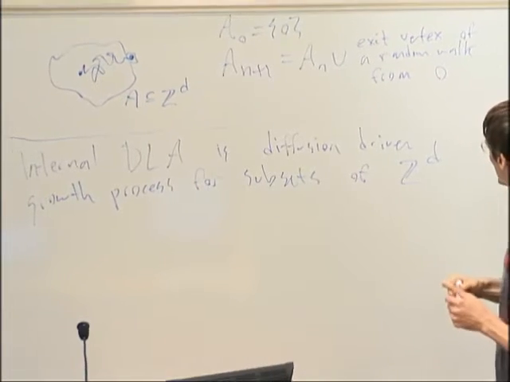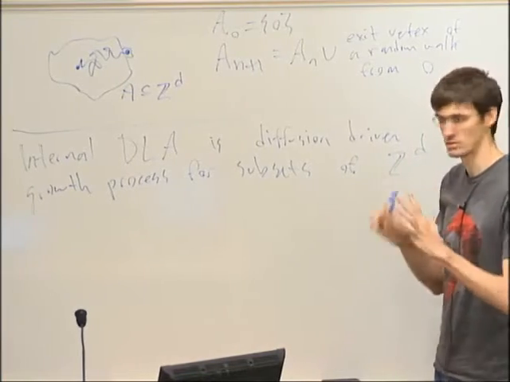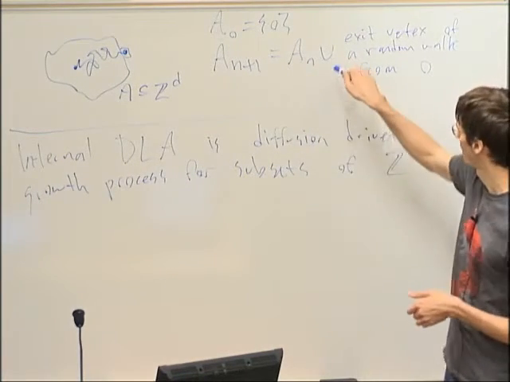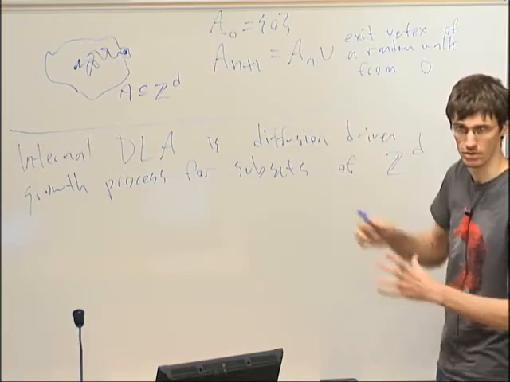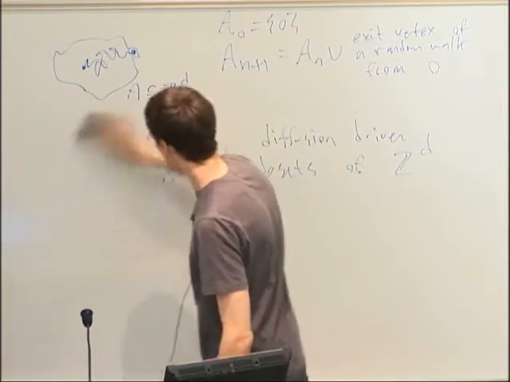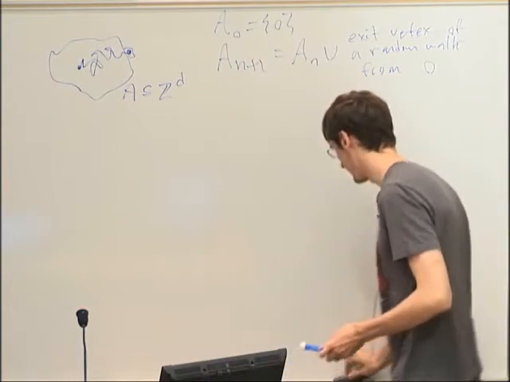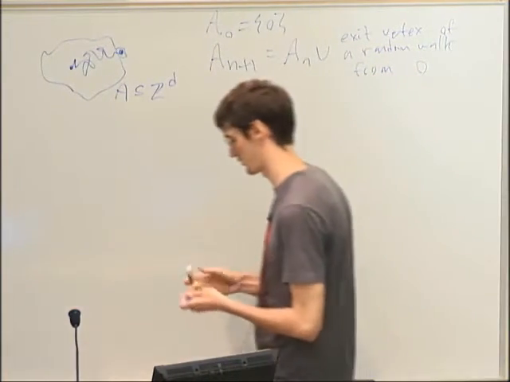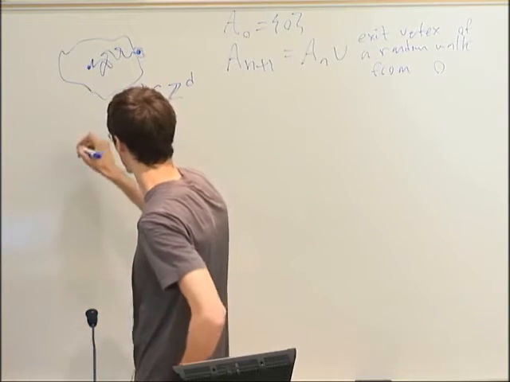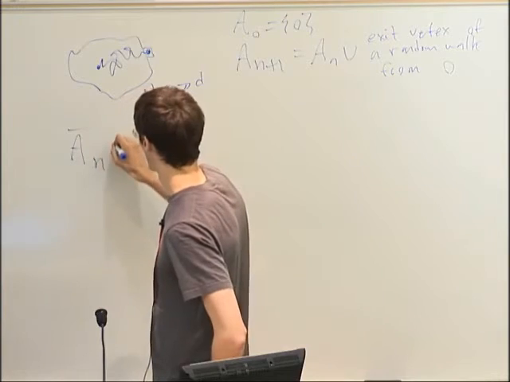Because a random walk in the integer lattice looks like Brownian motion if you zoom out, we'd expect that the set will be spherical looking. And in fact, that's exactly what happens. If you rescale it properly, it really does converge to a sphere. So what is the proper rescaling?